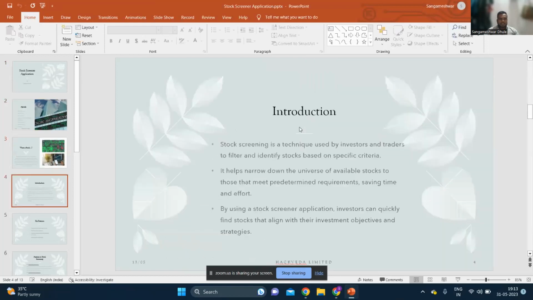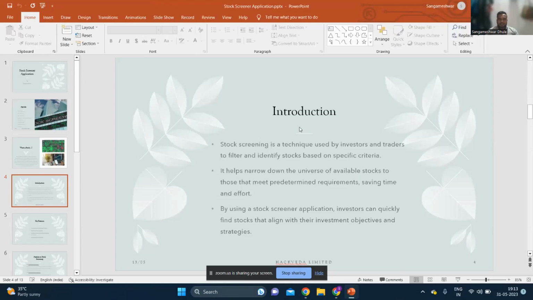So let's see the introduction to our application. Stock screening is a technique used by investors or traders to filter and identify stocks based on specific criteria. The criteria could be what the price of the stock should be and how the company is growing.